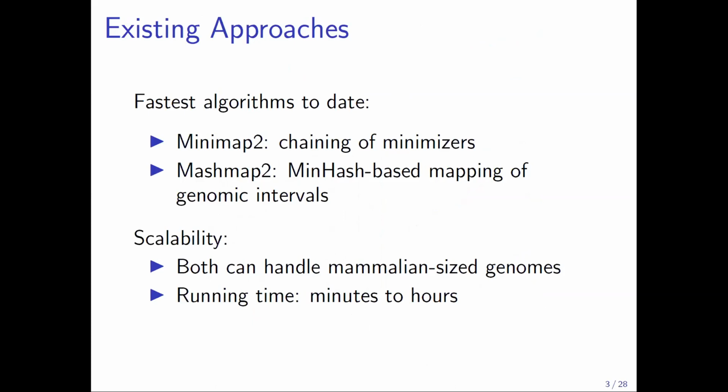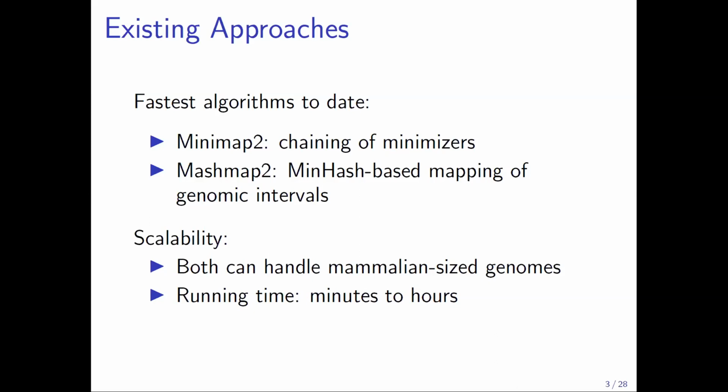First is the very famous Minimap2, which works using a quite traditional approach of chaining of minimizers, where minimizers play the role of those small dots on the dot plot. And the second one is a quite non-traditional approach called MashMap2, developed by a group of Adam Phillippy.